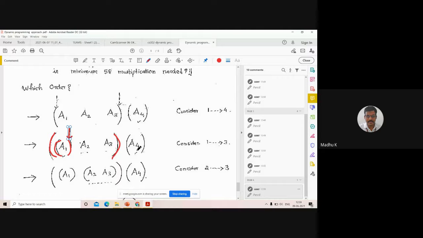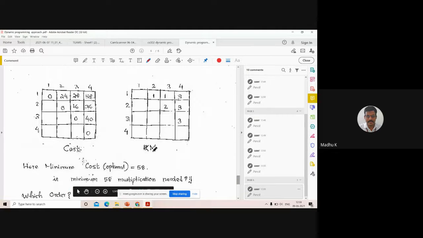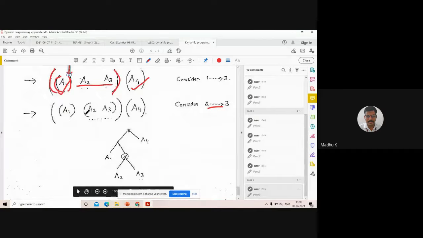Next, this is a singleton, this is a singleton. Now the remaining is this only. Now we consider 2 3, that is A2 and A3. Where we will put the parenthesis for 2 3 is at position 2, which means we will group these together.